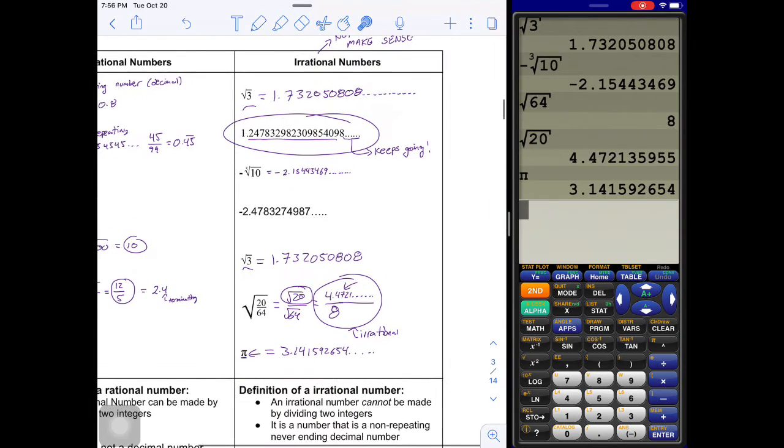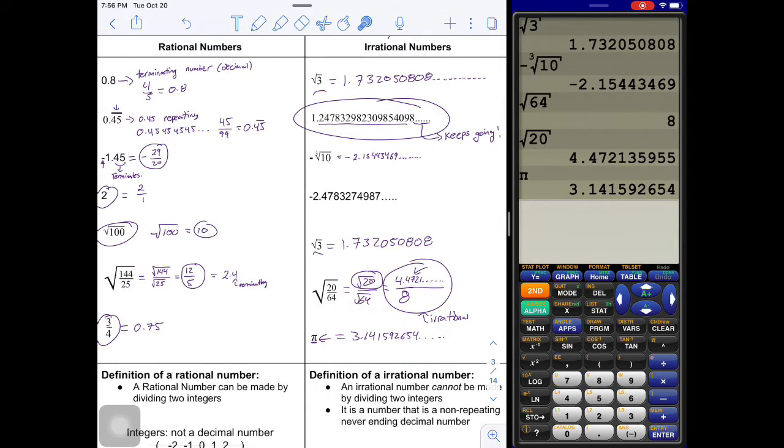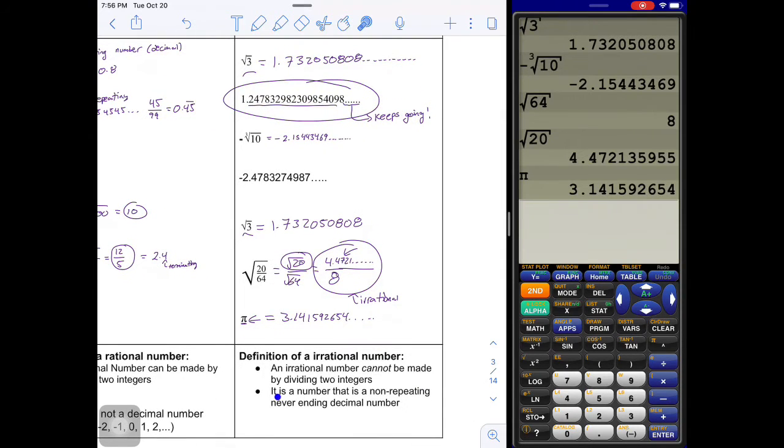So for an irrational number, what is the definition? The definition of an irrational number is that it cannot be made by dividing two integers. So for these values here, there's no way to represent them as an integer dividing an integer. That's one way. Another way is to see a number that is a non-repeating, never-ending decimal.